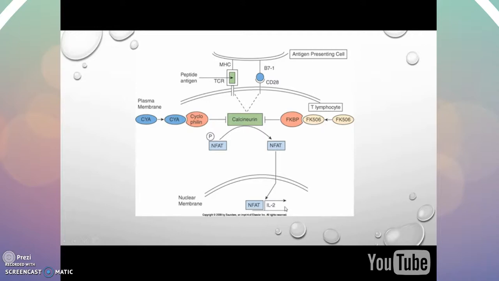It is important to note that even though here I only show that these drugs inhibit the pathway that leads to increased synthesis of IL-2, these drugs will also lead to decreased synthesis of tumor necrosis factor alpha, also decreased synthesis of GM-CSF, and also decreased synthesis of other cytokines.